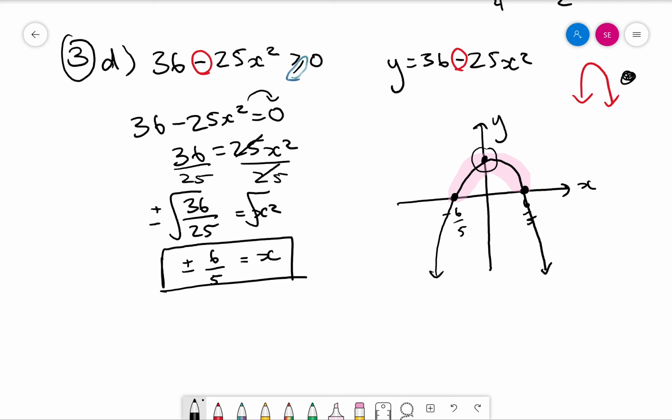I'll leave you to do that. But our answer, pretty confident we're right, is just these x values between these two intercepts here, including those intercepts. So everything to the left of 6 over 5 and everything to the right of minus 6 over 5.